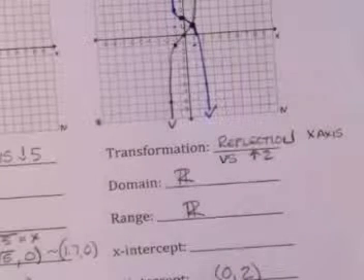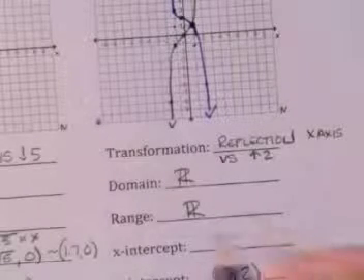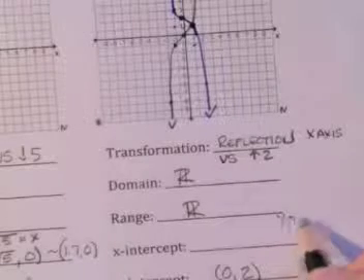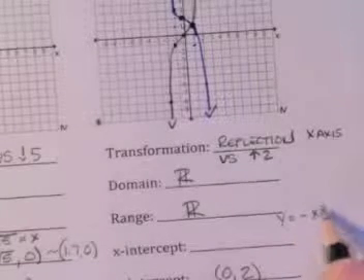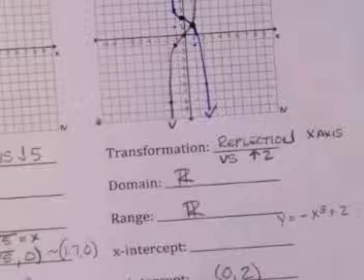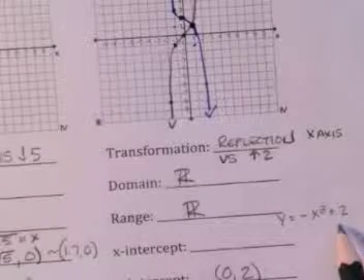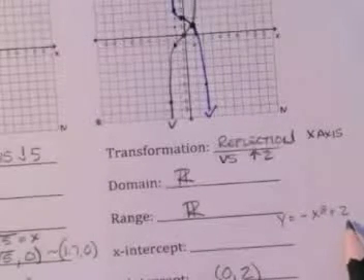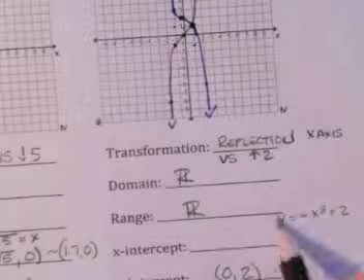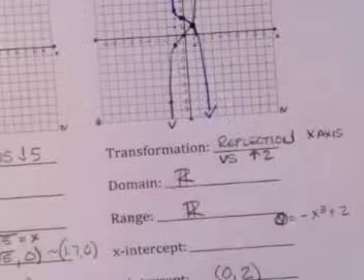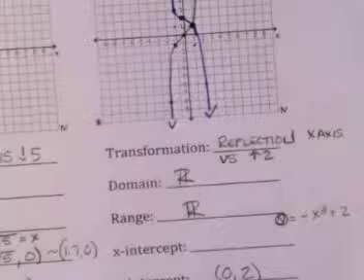My x-intercept I'm going to have to solve for. So I end up getting y is equal to negative x to the third plus 2. I'm going to subtract 2 from both sides of this equation. Oh, that has to be 0 if I'm finding the x-intercept.